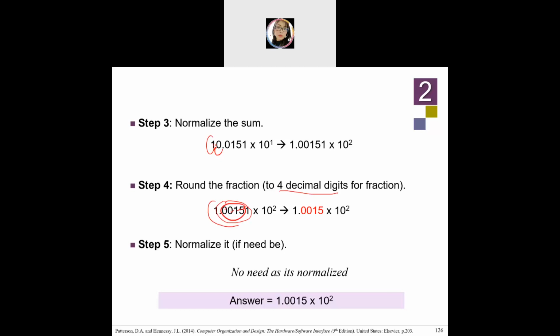So until here only, then you just ignore this one. That's why you get this. You check again whether after you round the fraction, it is normalized or not. If it is normalized, no need for you to normalize back. That is your final answer.